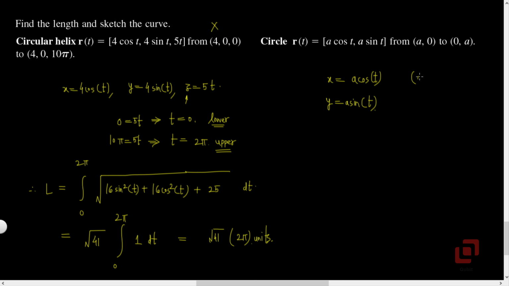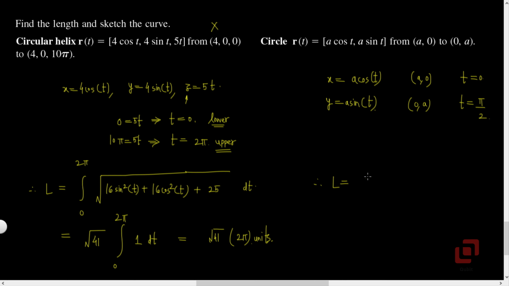The starting point is (a, 0). So if we write a here, then we will get t as 0. The end point is (0, a). If we now substitute x as 0 here, then t will be equal to pi by 2. This gives us the limits on t.